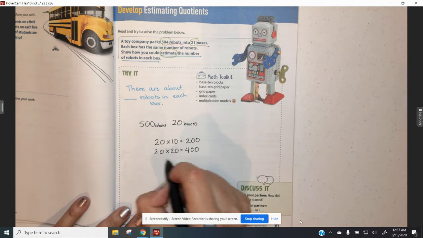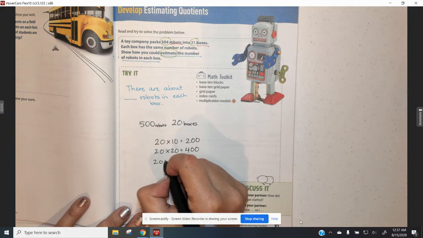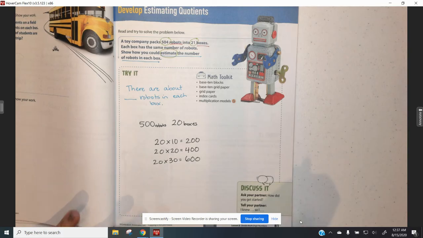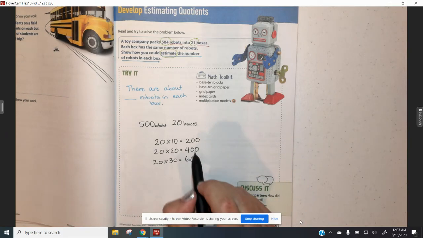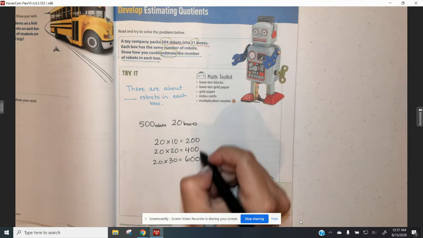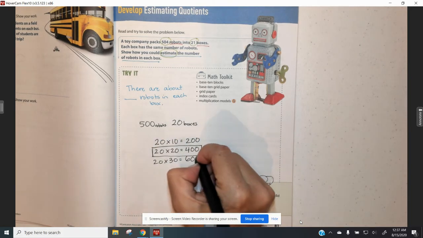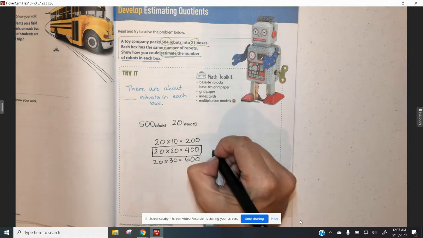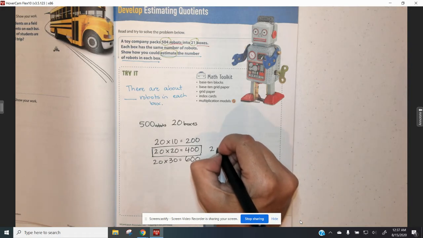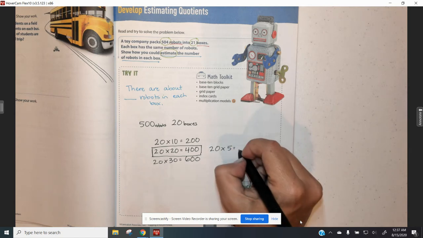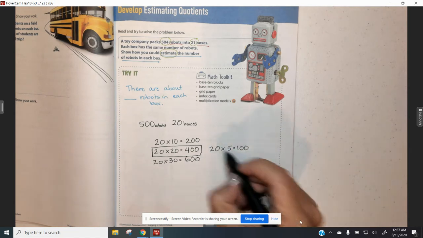All right, let's see. I know that 20 times 30 is equal to 600. Oh no, I went over. Okay, well, let's keep this: 20 times 20 is 400. Now, I also happen to know that 20 times 5 equals 100.